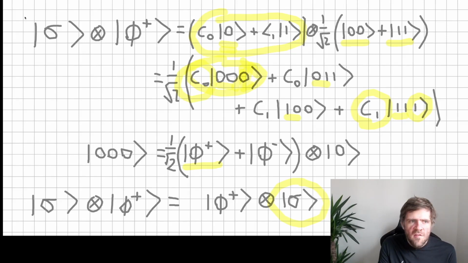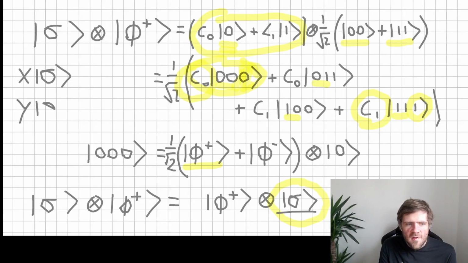And then we'll also have a bunch of other terms for what happens when you get the other basis states. And basically what you find is the other basis states will give you in this part either x times sigma or y times sigma or z times sigma.